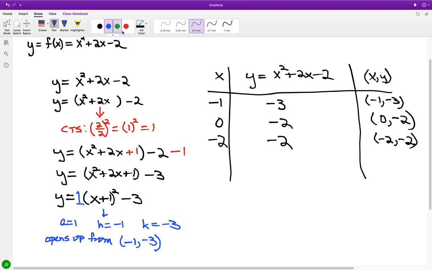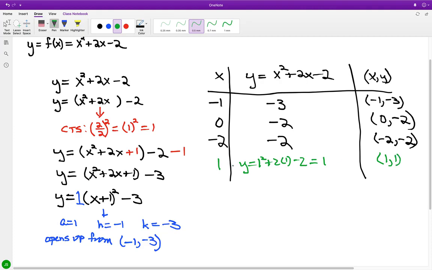And if I were to go, let's say, 2 spaces to the right and to the left of the vertex, so if x is equal to 1, we have y is equal to 1 squared plus 2 times 1 minus 2. So we have 1 plus 2 is 3, minus 2 is going to be 1.